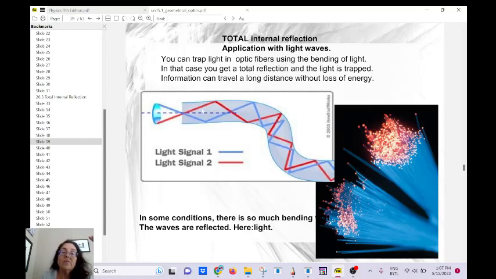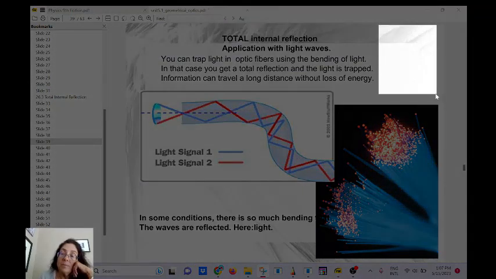So if you are using visible light, you will be able to transport 10 to the 14 bits per second maximum, but it's already a lot. If instead you are using radio waves, it's megahertz, gigahertz, so you cannot transport as many bits, right? Because that's the principle.